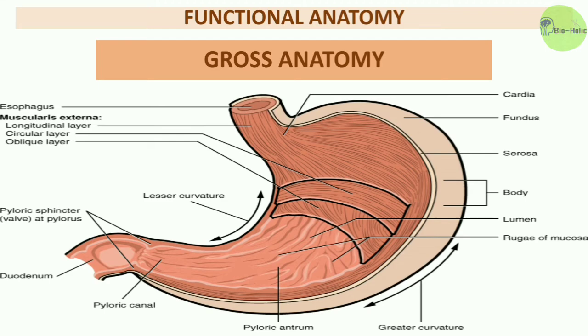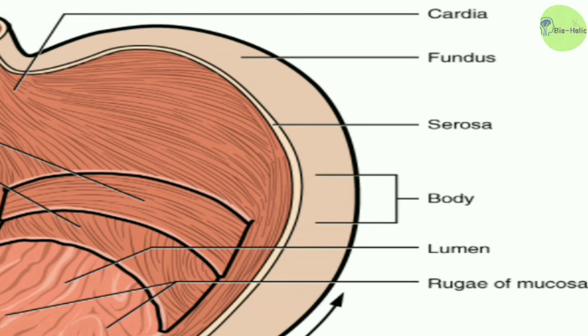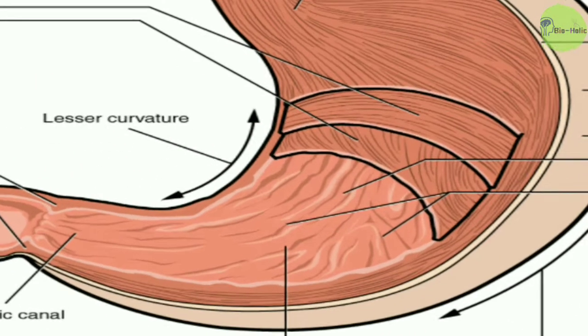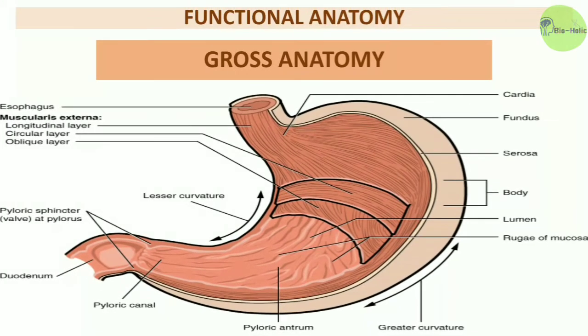There are many parts of stomach, mainly 5 parts, which are the cardiac part, the fundus, the body, the pyloric antrum area and the pyloric canal. There is a very muscular layer present in the stomach.